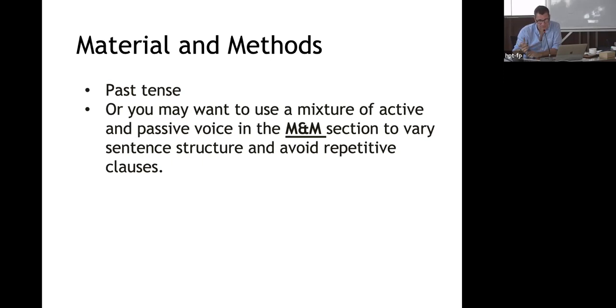Actually, in journals, you have this mixed use of voices. But this is of secondary importance. The important thing is that in the material and methods, you have to include the information that I mentioned before in the table. The reviewer, the editor of the journal who is going to evaluate, has to be able to check that the methodology you followed is accurate and fine, and you give all the details that you need to know.